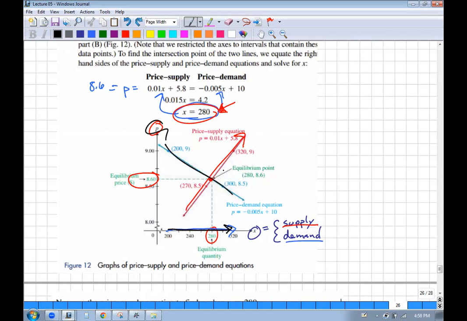But no, it goes down in this graph. Because I started here and said, well, what does it do to that? No, think about it the other way around, right? If the price goes down, the demand will go up, right? Lower price, higher demand.